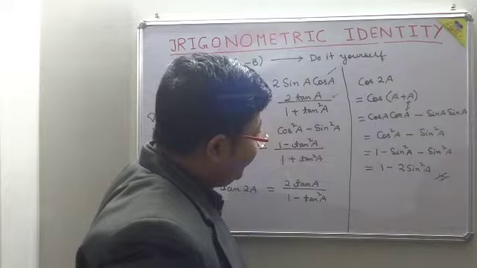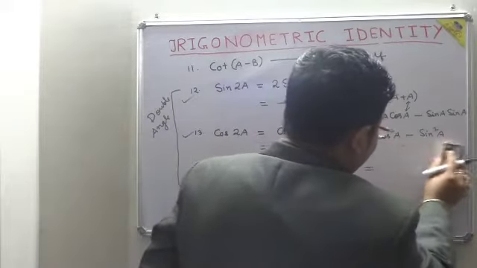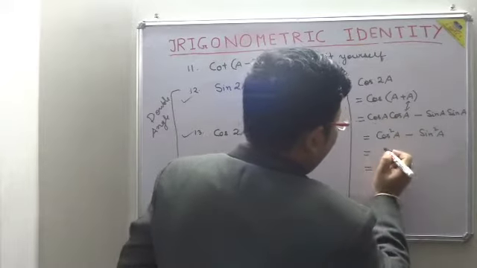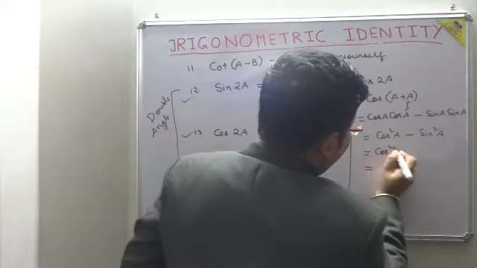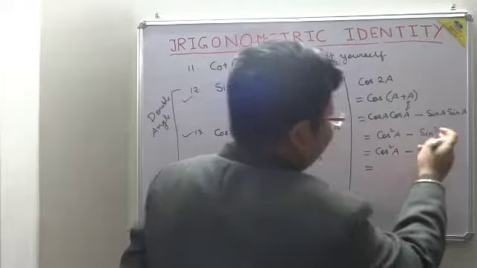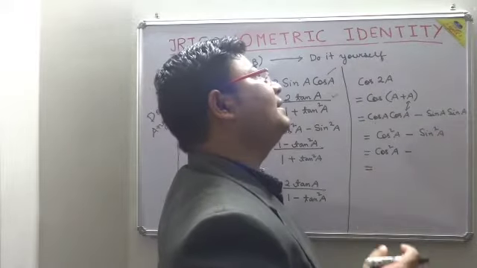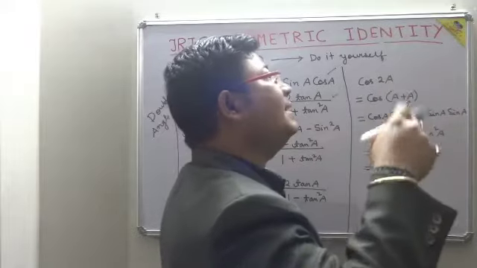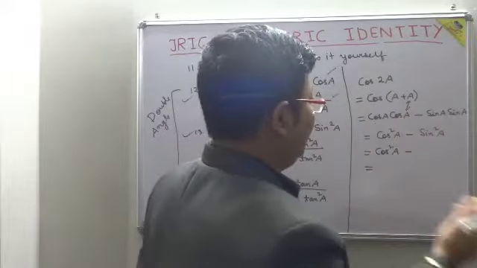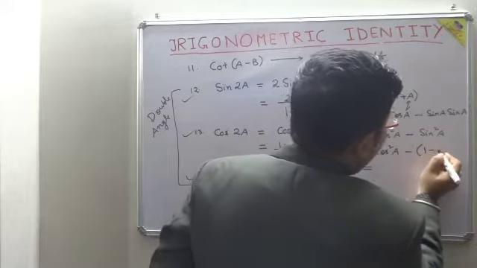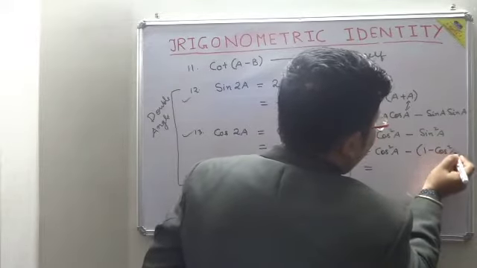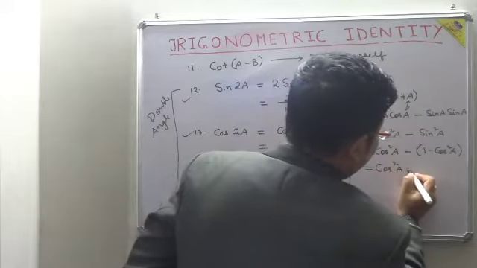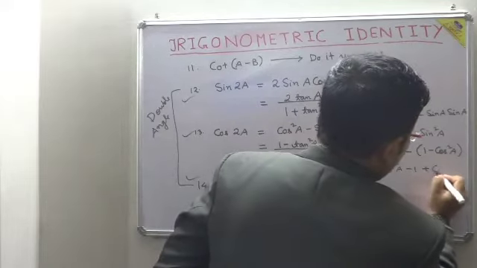Again, I'll tell you one thing. From this only we can do another way also. See, I can represent it in cos also. So what is sin square A? We can write it as 1 minus cos square A. Why? Sin square A plus cos square A will be equal to 1. So we can write it as 1 minus cos square A. Is it clear?